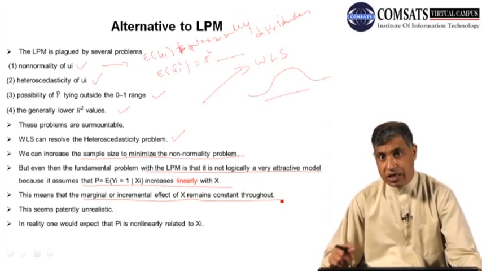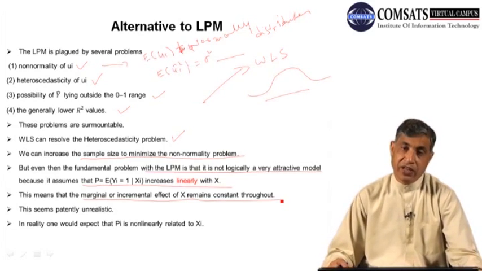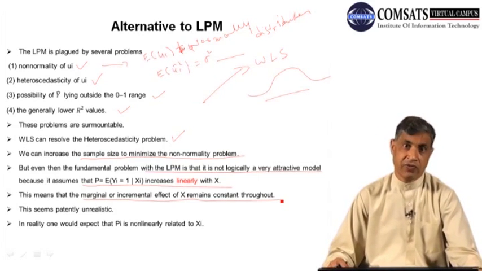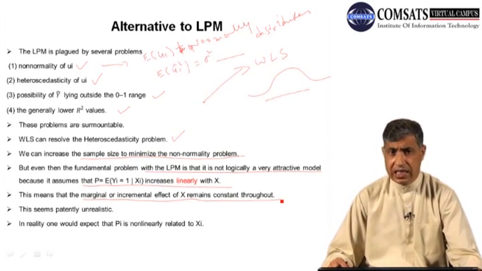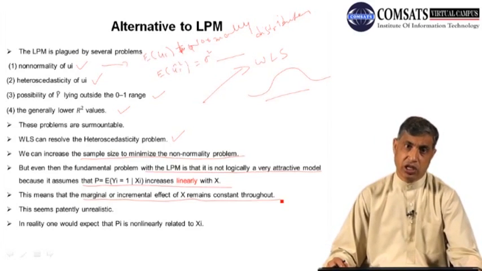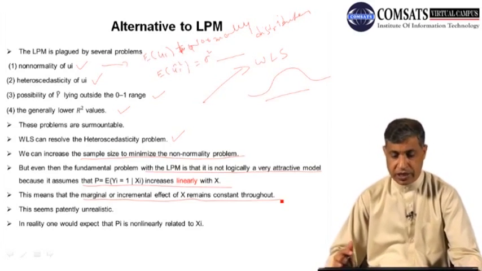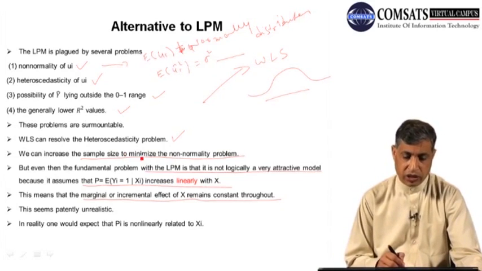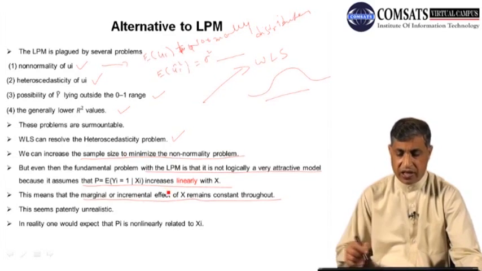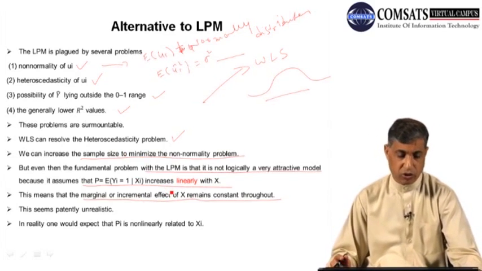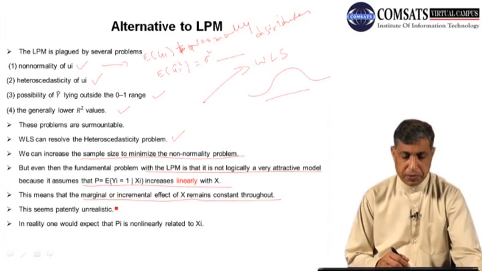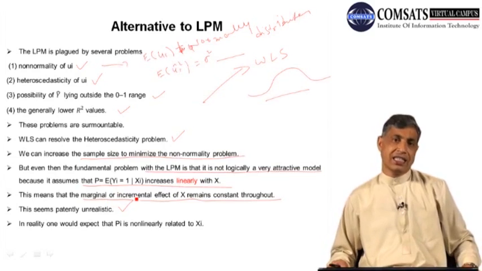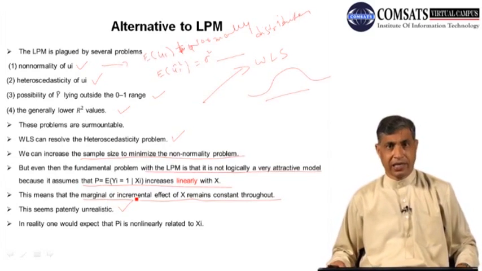So if this model is assuming that the dependent variable's probability is linearly related with the values of the independent variable, this is a very critical and difficult-to-digest assumption, because indirectly it means that the marginal or incremental effect of X remains constant throughout. This seems patently unrealistic. We will see that this assumption becomes totally unrealistic.